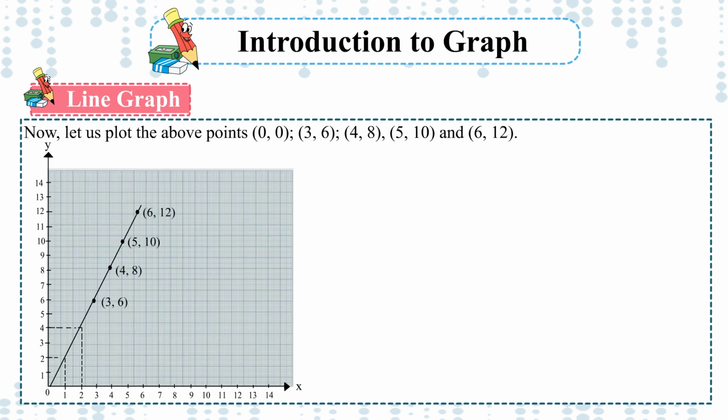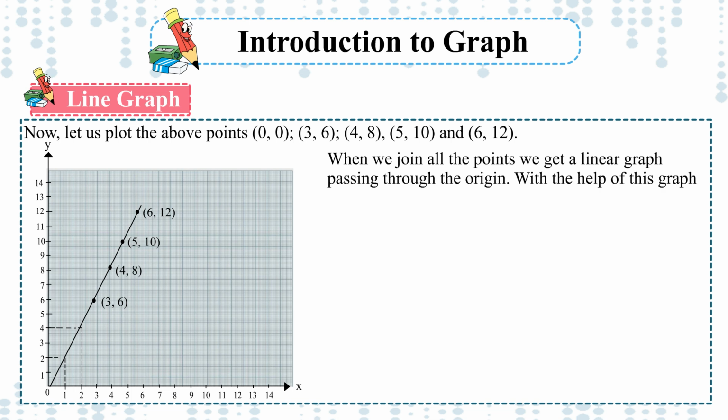Now, let us plot the above points (0, 0), (3, 6), (4, 8), (5, 10), and (6, 12). When we join all the points, we get a linear graph passing through the origin.